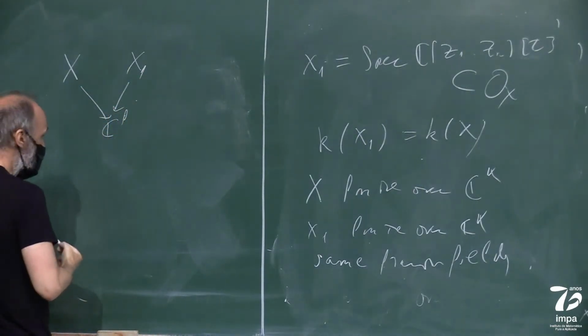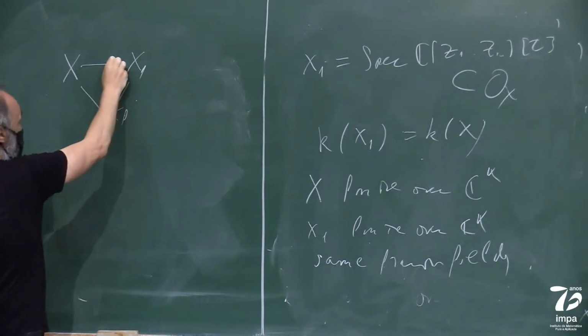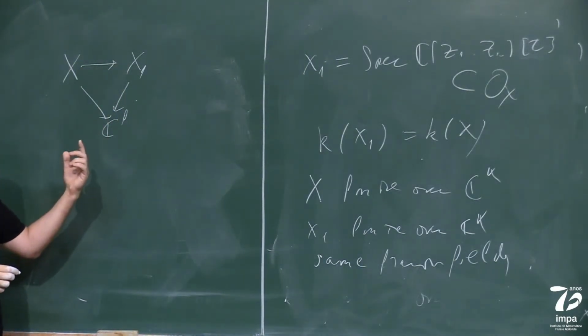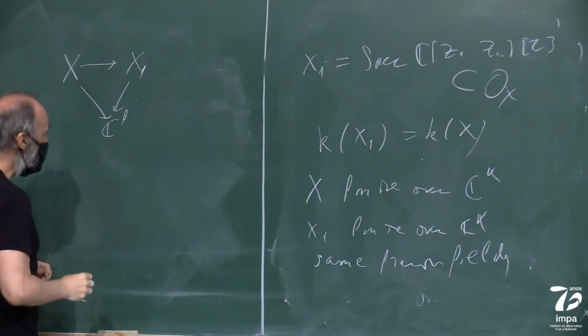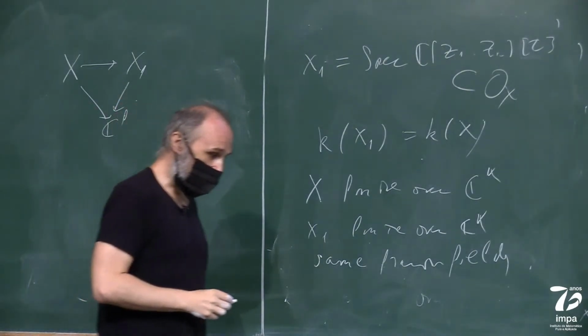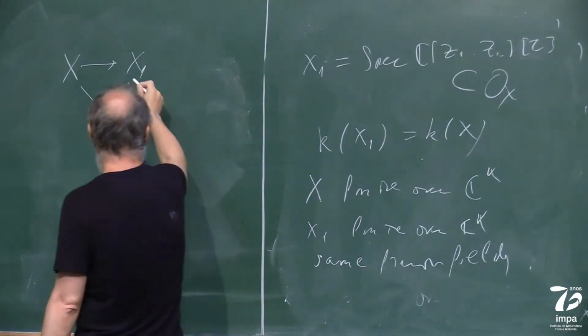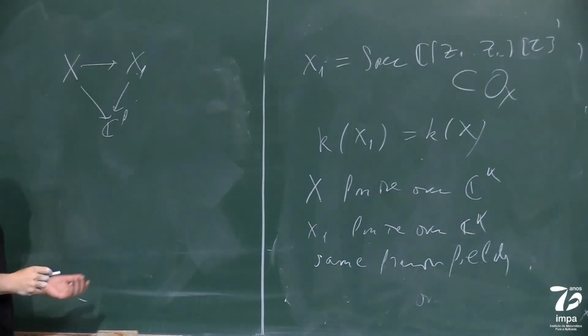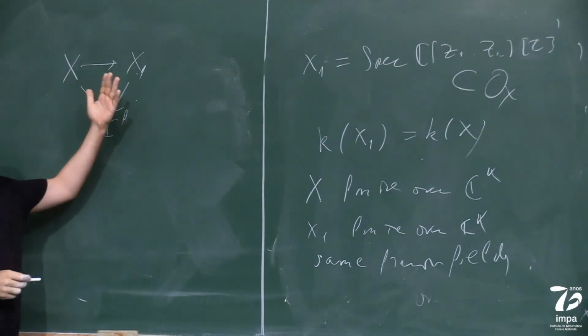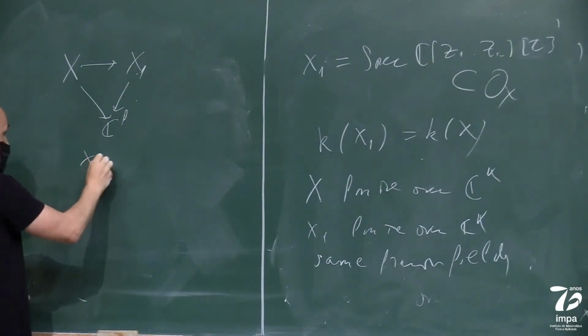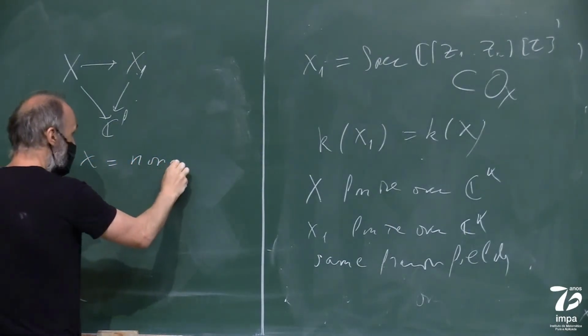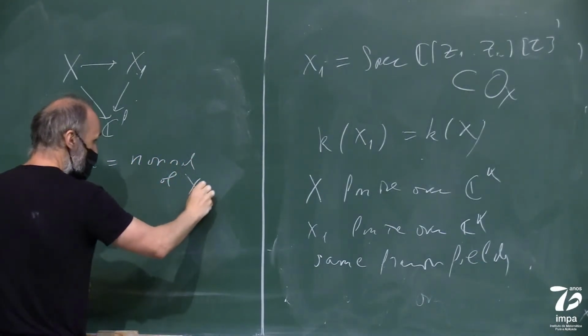This is a projection. But then this projection is in fact a normalization of x1, because x is normal, it's finite, and has the same fraction field. So x is the normalization of x1.